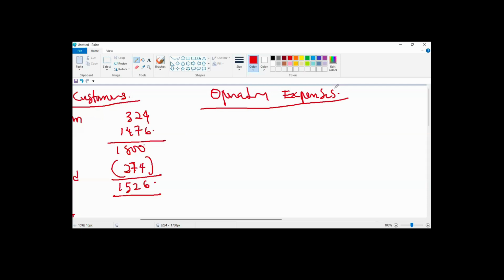If they report admin, I'll pick. And if they report other expenses, I'll pick.